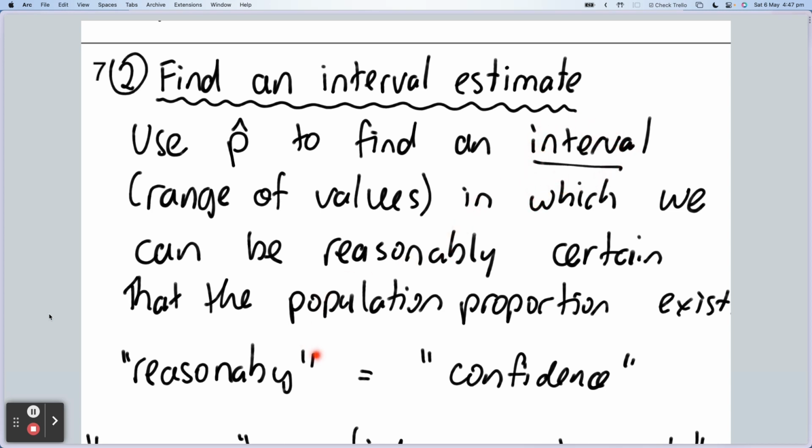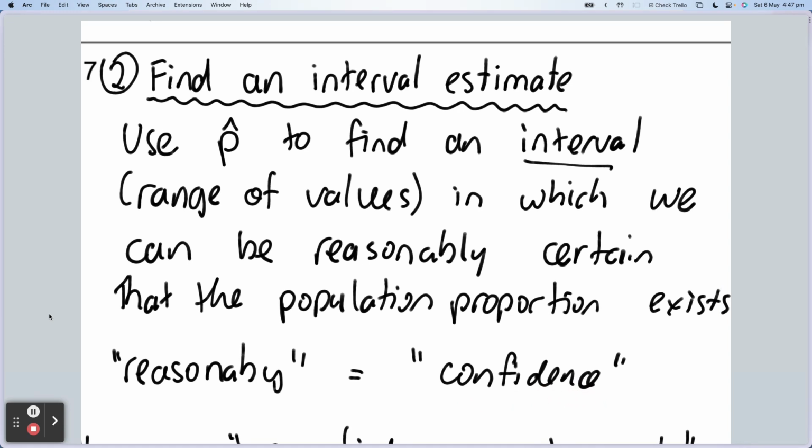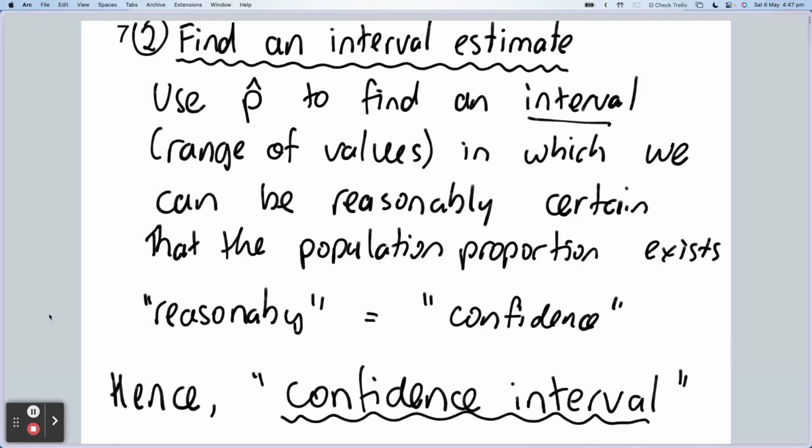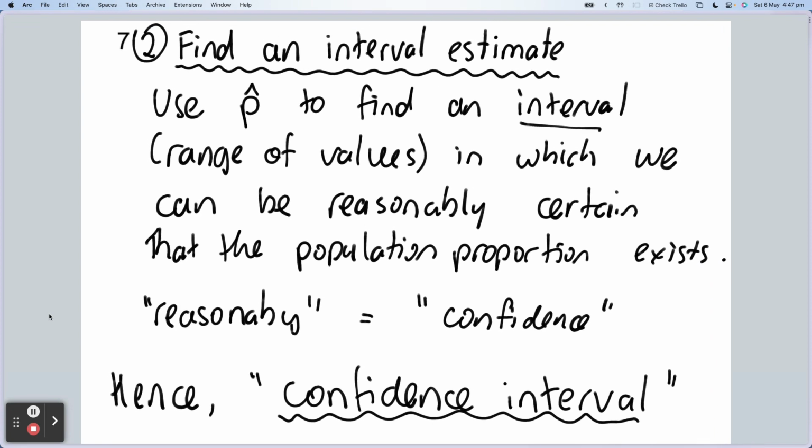And by hope and reasonableness, we are talking about confidence. When I talked about a 90% confidence, that's what we're talking about. The level of confidence is called a confidence interval. Now, throughout this example, we are going to be using a 90% confidence.